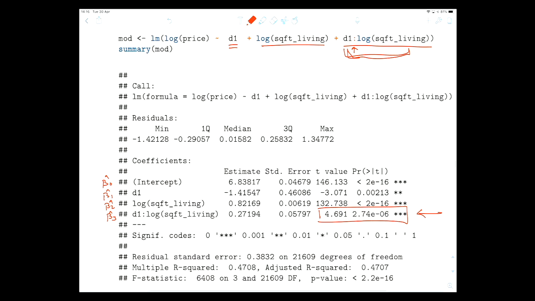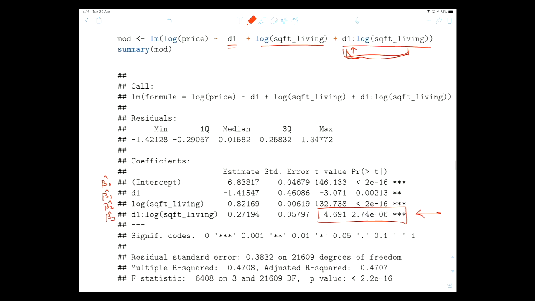So this test statistic, which gives us a t-statistic of 4.69 and a p-value of approximately 0, much less than 0.05, is under the condition that all the other three are in the model. You haven't removed any one of them. Does everybody get that?